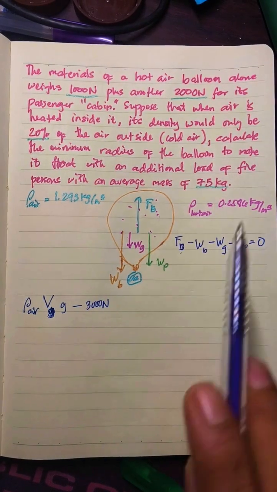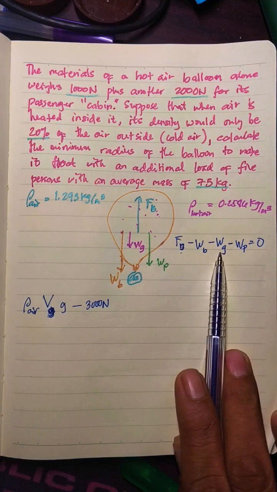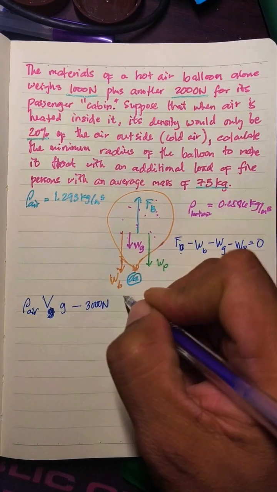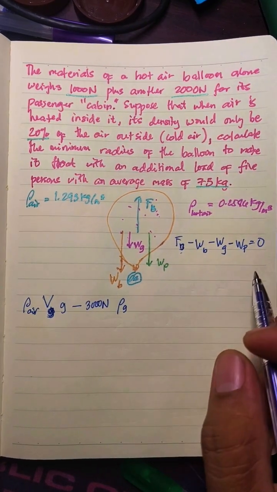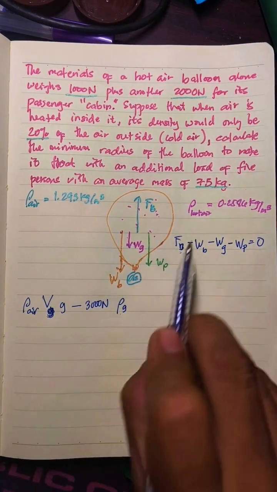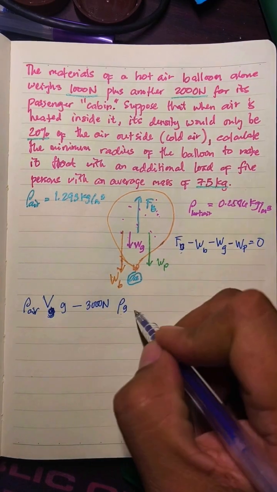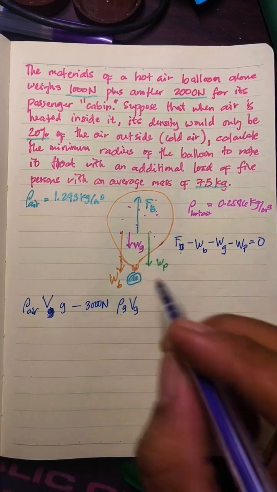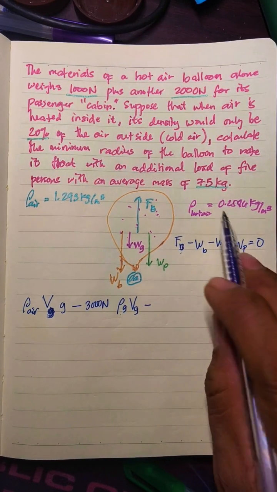Minus the weight of the gas. What is the weight of the gas? That would be the density of the gas inside, this density is actually the density of the hot air, times the volume of this gas here, minus the weight of those 5 people added.